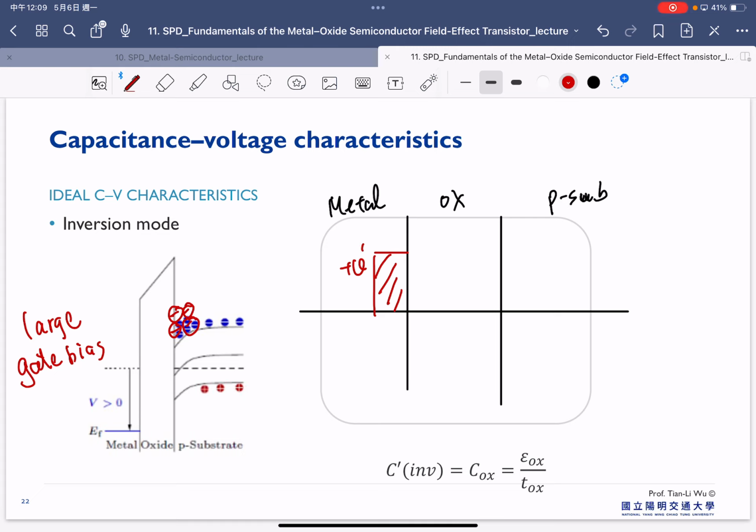In the previous depletion region, in the beginning the depletion width will be formed here. But now, because the bias applied is large enough, you start to induce the inversion, a very strong electron layer in the channel. So part of the charge will also be induced here. That's related to our channel electrons.